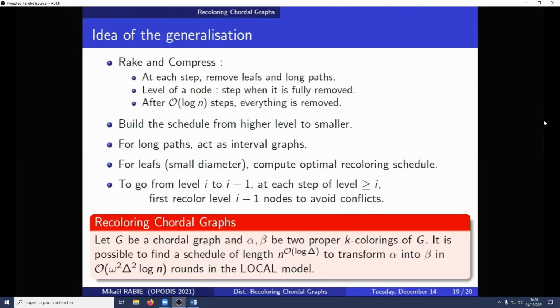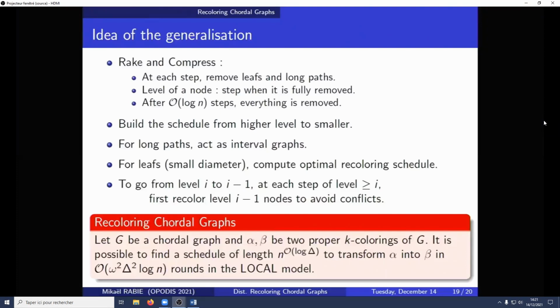And if we have small diameters, it means that we have leaves. And there we can actually find an optimal recoloring schedule, because we have access to the full graph that we are working on. And then to go from a level to the next one, the idea is to say that each time that in level i or higher, some change needs to be done, at level i-1, we need to find a new color for their neighbors, and it's always possible to find it, but we need to produce a recoloring schedule using either the fact that we have a long path or we are on a leaf.